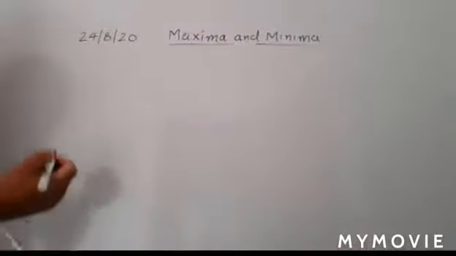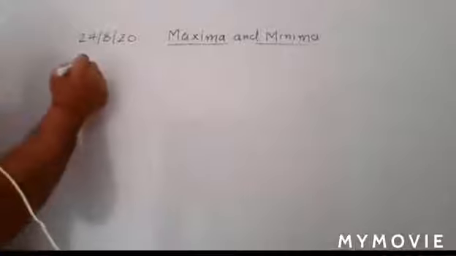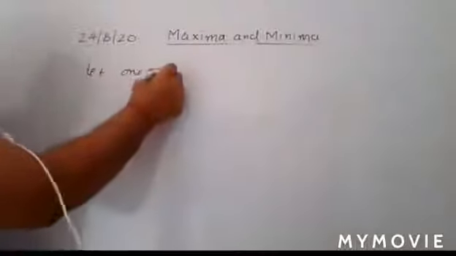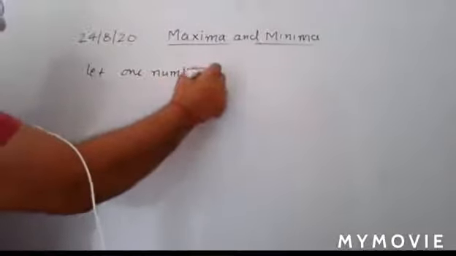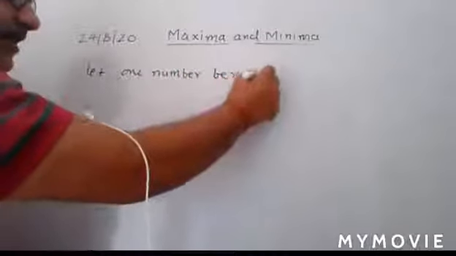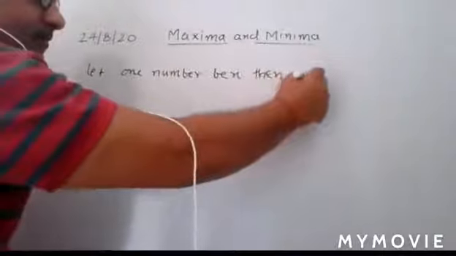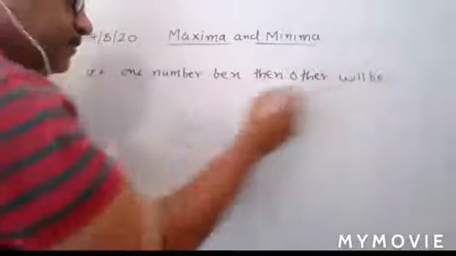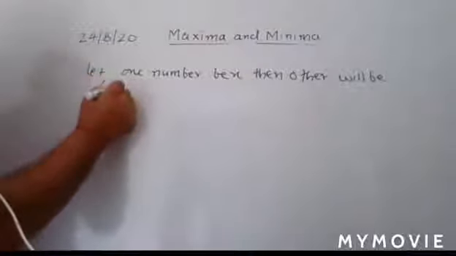So first of all, you write in this way: let one number be x, then the other will be 24 minus x.